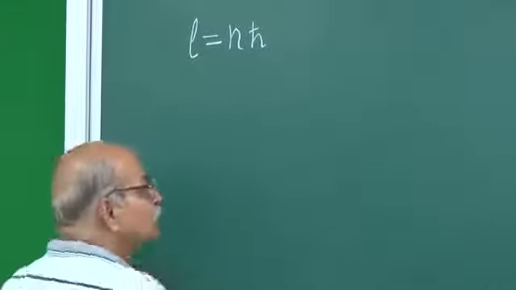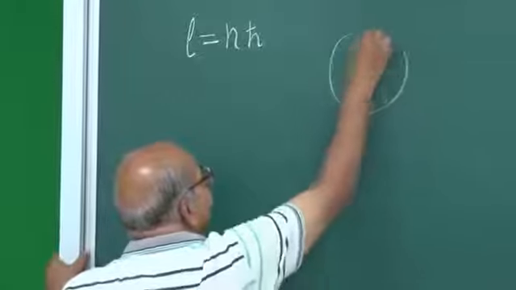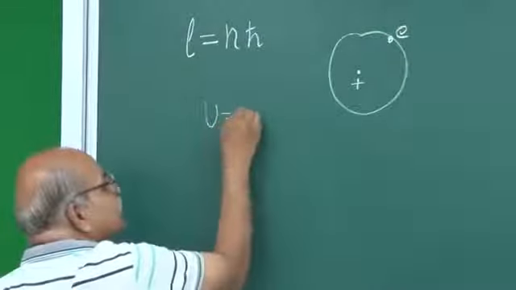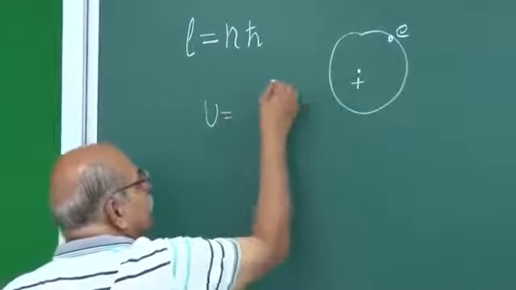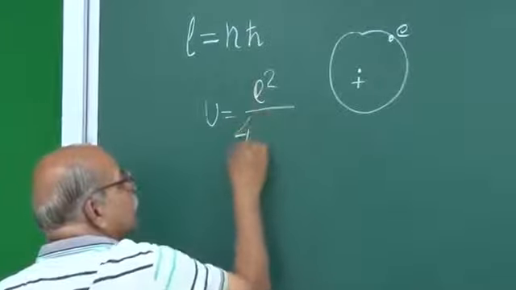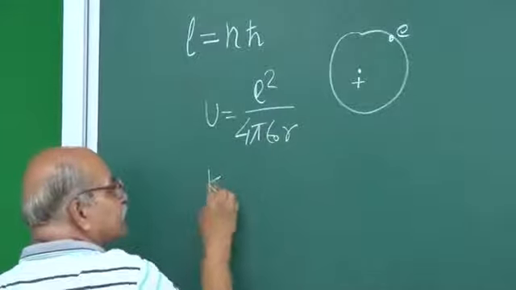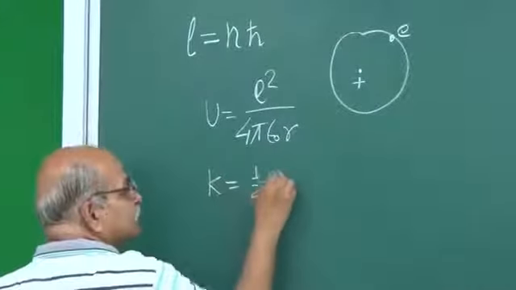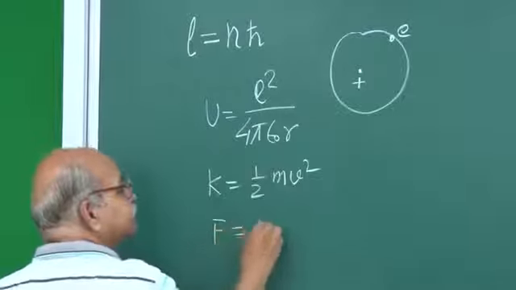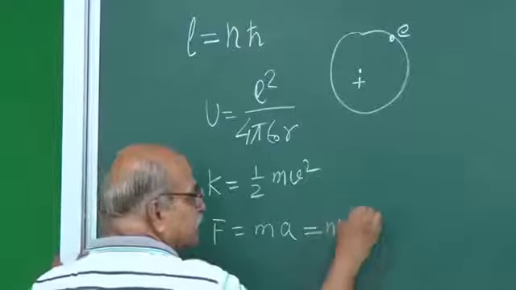You have a nucleus here, positive charge here, and an electron going in a circle. So you say that the potential energy is given by Ze square, so if it is a single proton, then it is e square over 4 pi epsilon naught r, and the kinetic energy is half mv square, and then F is equal to ma, mass into acceleration, and acceleration is v square by r.